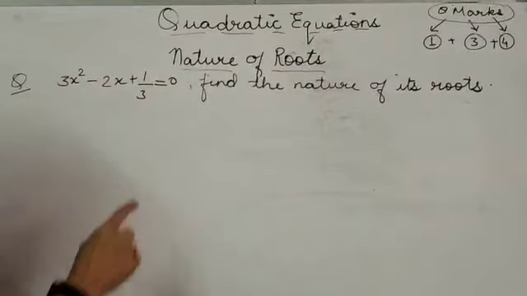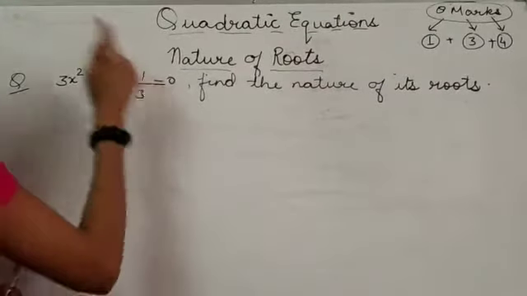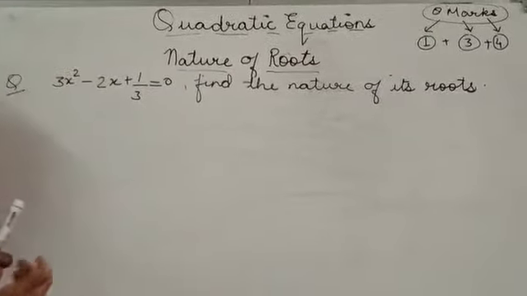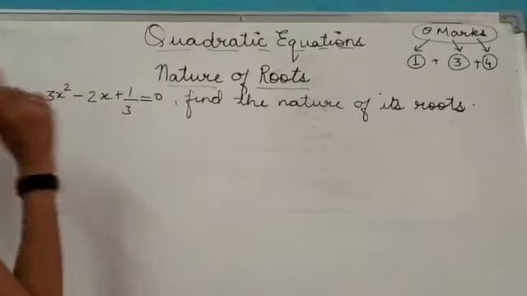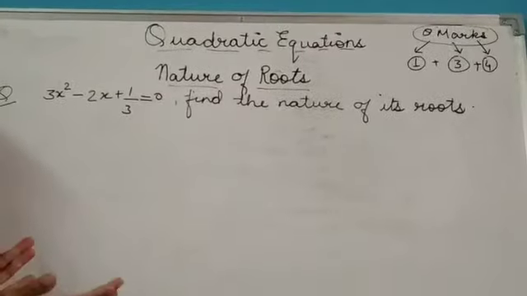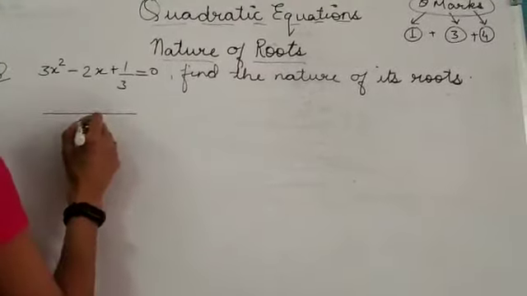Now the given question is not in standard form since it contains fractional value. So this is not in ax square plus bx plus c equal to 0 form. So first of all, I will be changing this question into my general form. How can I change? Just by taking LCM.